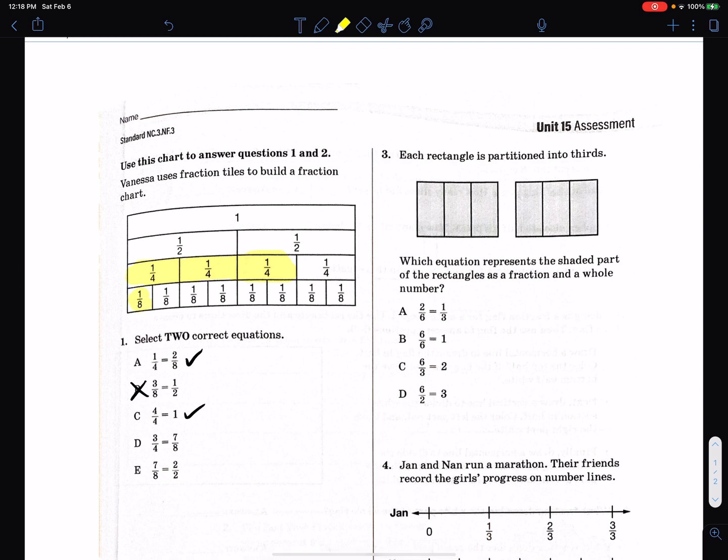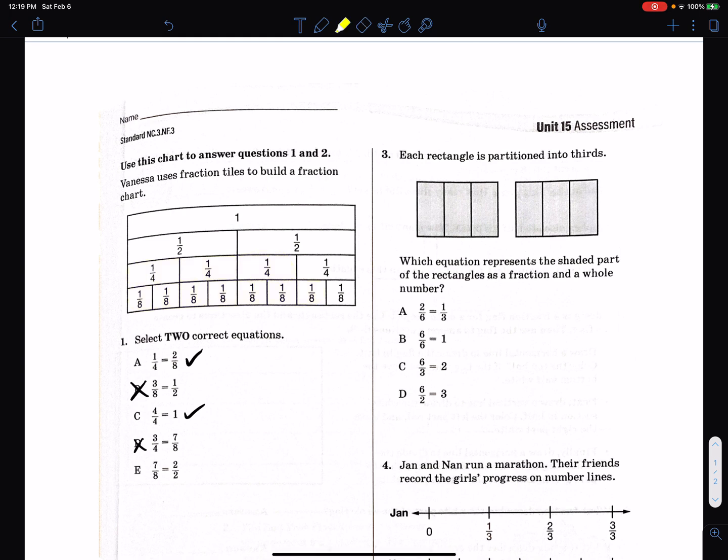So 1/8, 2/8, 3/8, 4/8, 5/8, 6/8, and 7/8. So I can see that actually 7/8 is going to be greater than 3/4, so they are not equal. So that equation would not be correct. So I'm going to put an X over letter D.